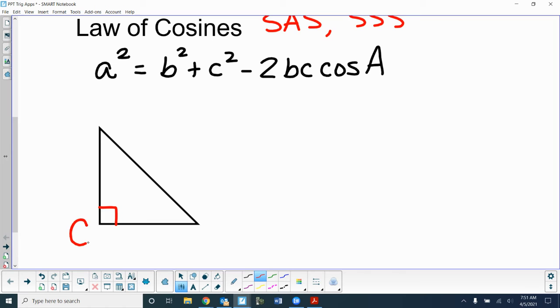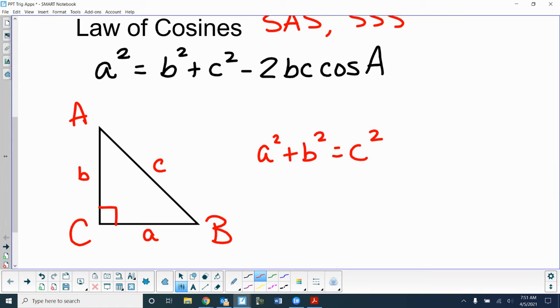That would be angle C, and then we'll just say this is A and B. This is side A, this is side B, and this is side C, which is our hypotenuse. We could use the Pythagorean theorem, A squared plus B squared equals C squared for our sides if we need to. And then we have SOHCAHTOA if it's a right triangle.